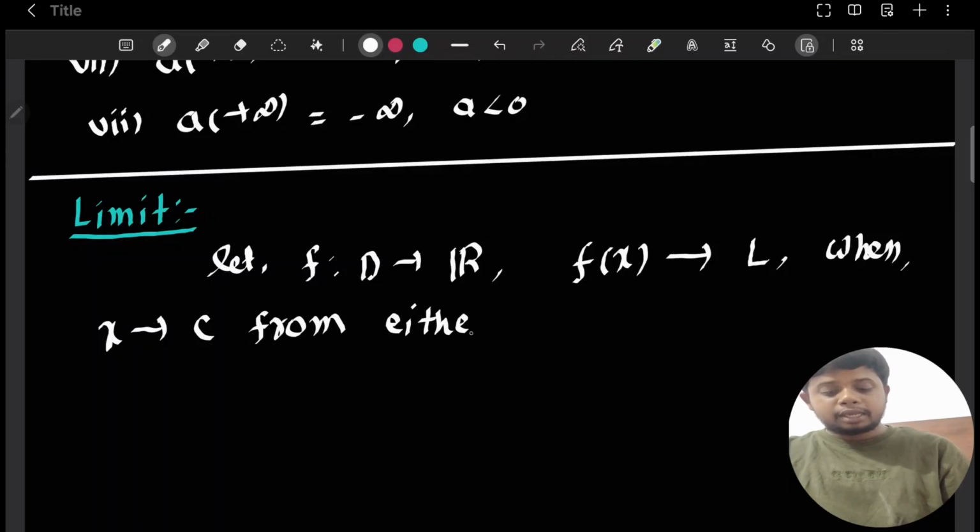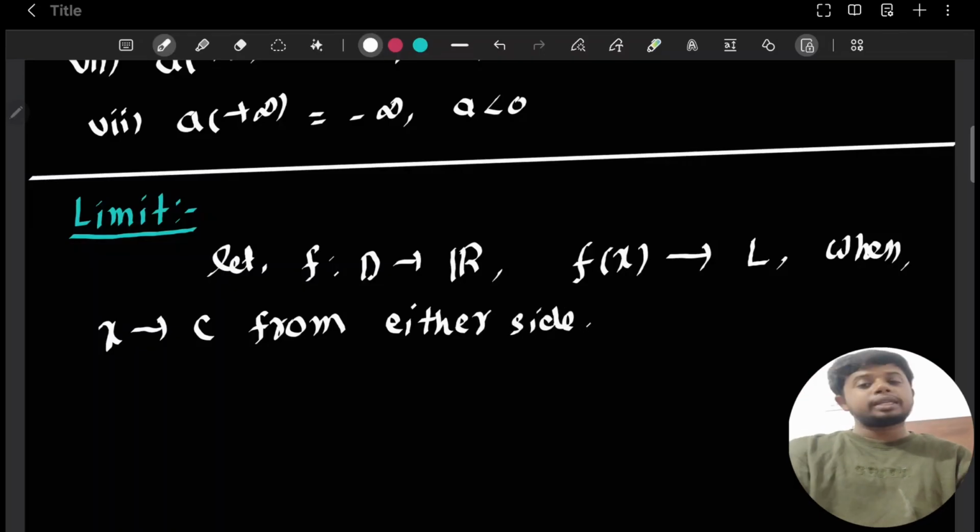Either side means x can go to C from any side.